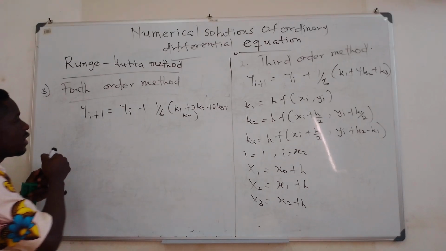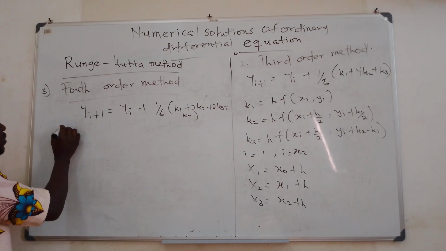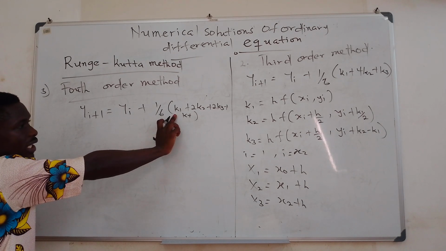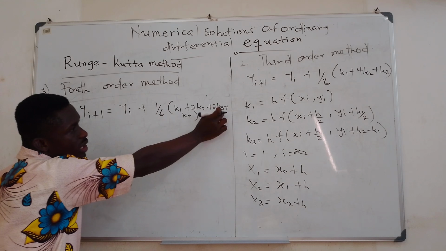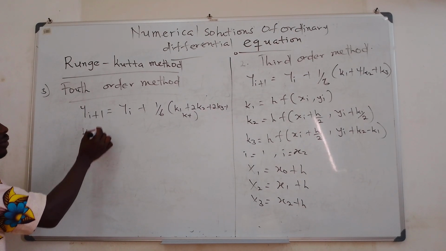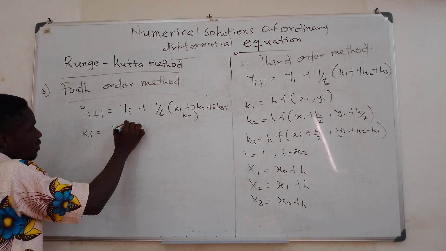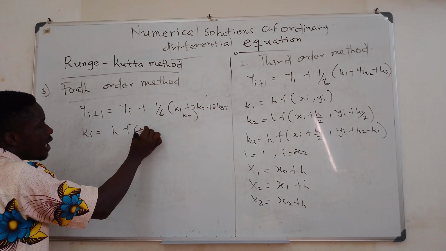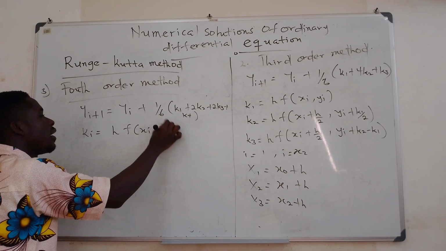Very good. So now, assuming we don't know our k1, k2, k3, k4, how do we get our k1? We get our k1 by h multiplying the function f of xi, yi.